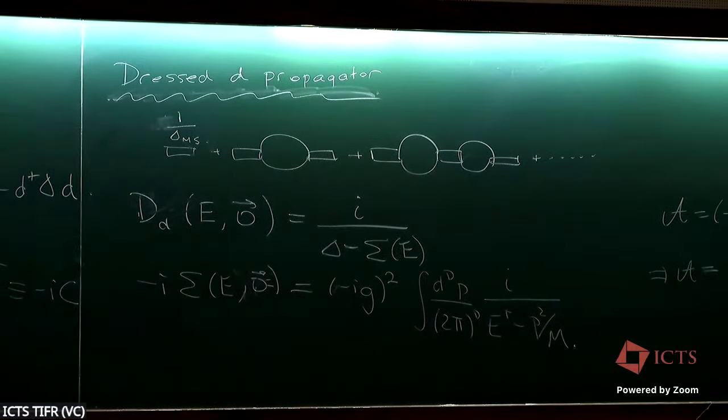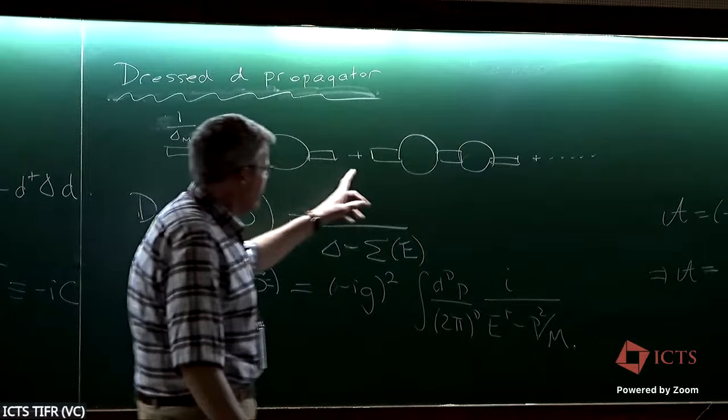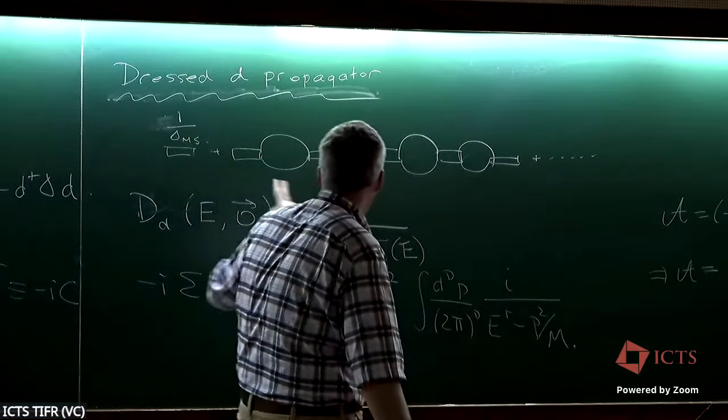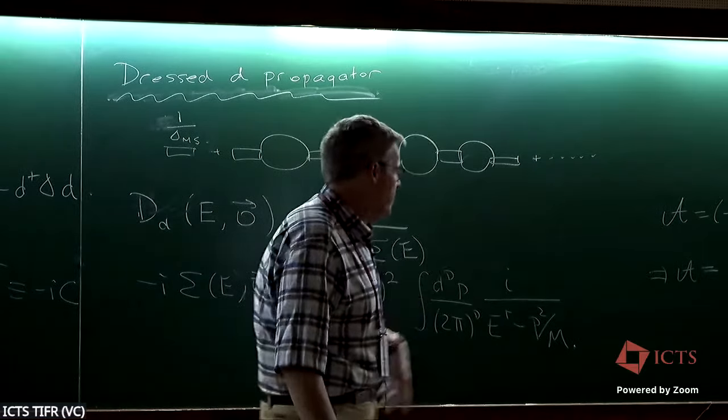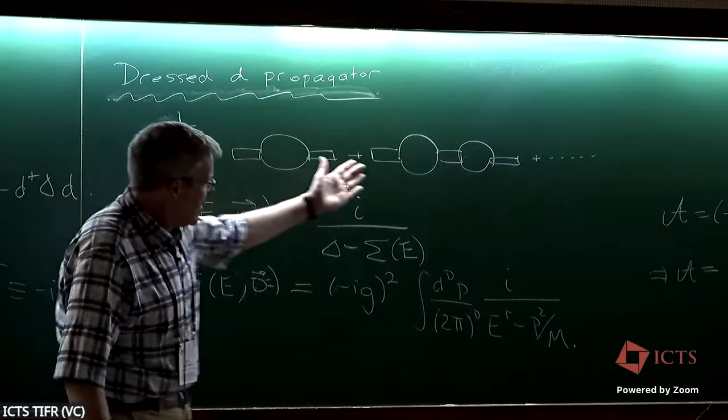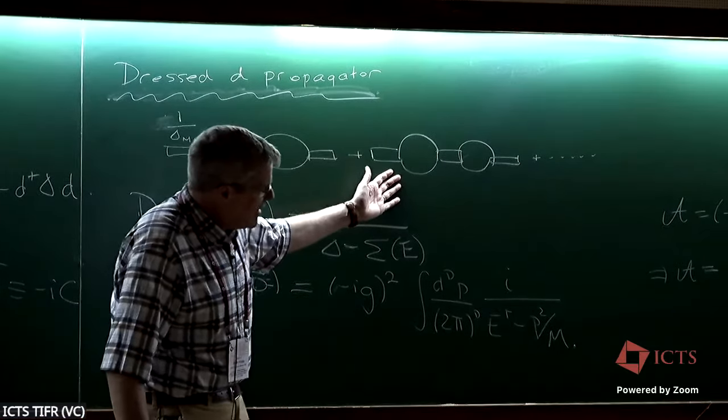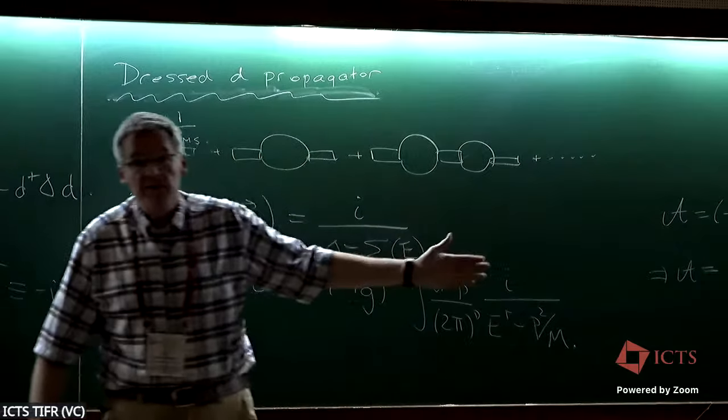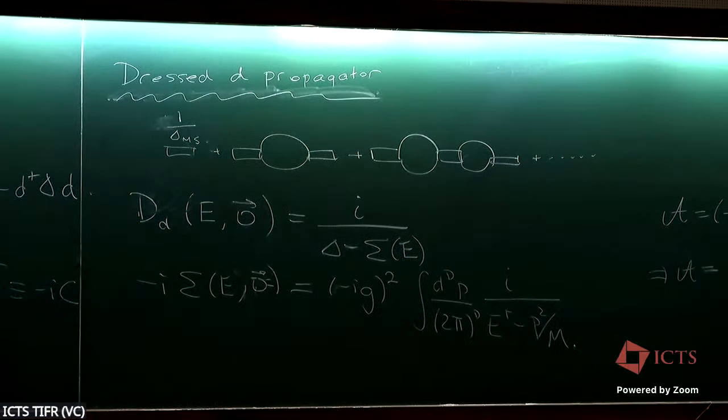So you have an infrared pole, and then you need to compute all the loop corrections to the infrared pole, and all of these diagrams in this series are the same order. So you need to solve the Dyson equation for the propagator, and then you find out what happens to the infrared pole after you resum that series. I will come back to this interpretation when we're talking about resonances for P-wave systems in a day or two.